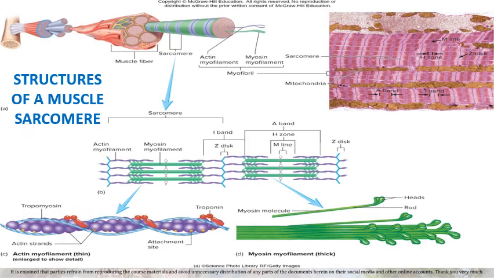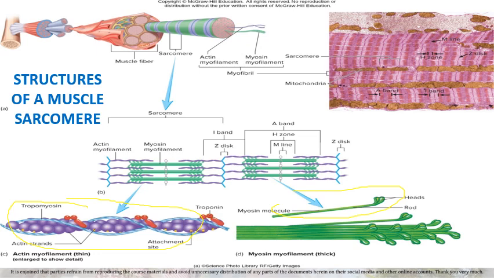Actin myofilament or thin filament is one of the protein fibers that make up a sarcomere. So in this picture, this is the actin myofilament. The thin filaments resemble two strands of pearls, while this is your myosin myofilament, or thick filament.